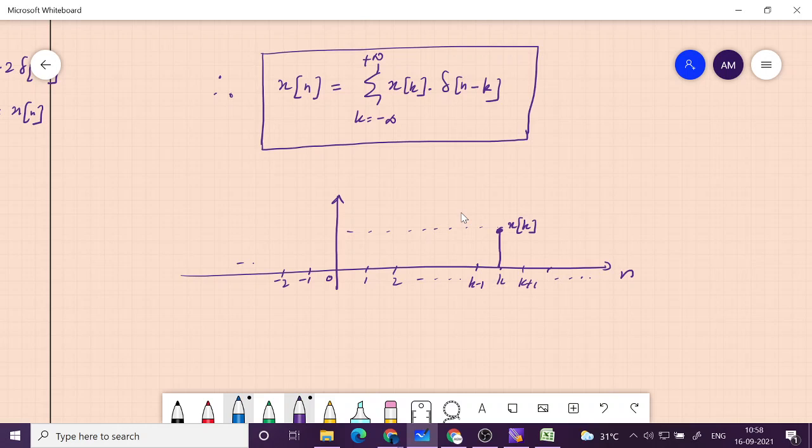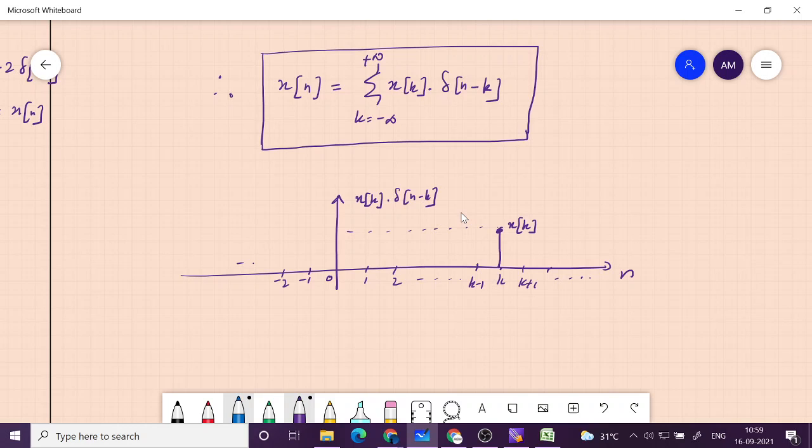So this function is x of k multiplying delta of n minus k. This is just one of those functions. Similarly there is a function for k minus 1, and so for all values of k there are functions. So you have to add all these functions. There are an infinite number of functions, but if the function value is 0, there is nothing to add there.